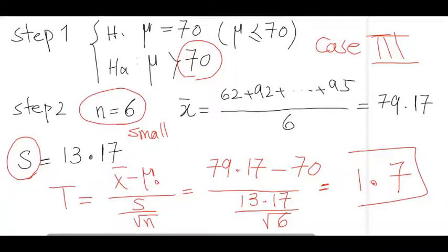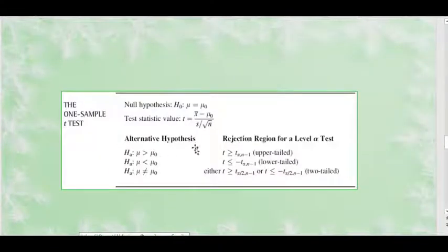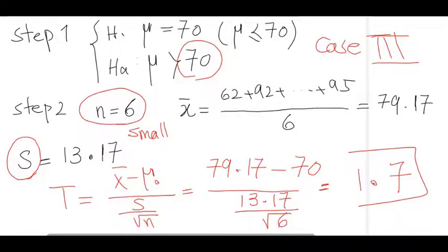For right tail test, if you look at the formula for right tail test, we need T alpha with n minus 1 degrees of freedom. So for this question, 90% confidence.